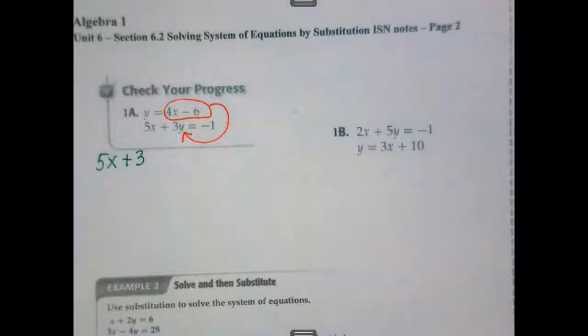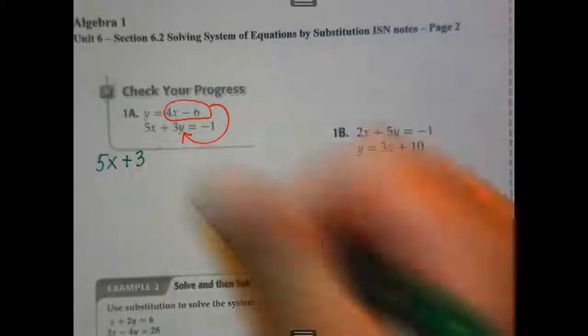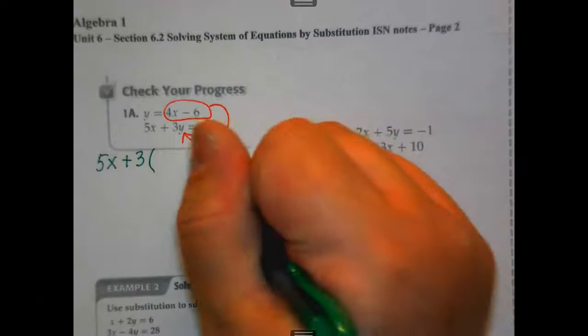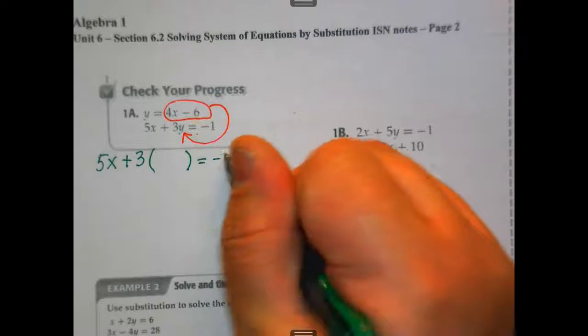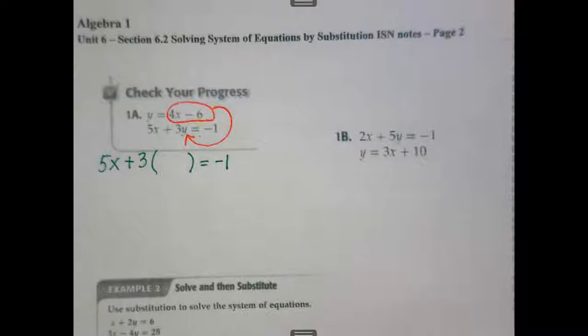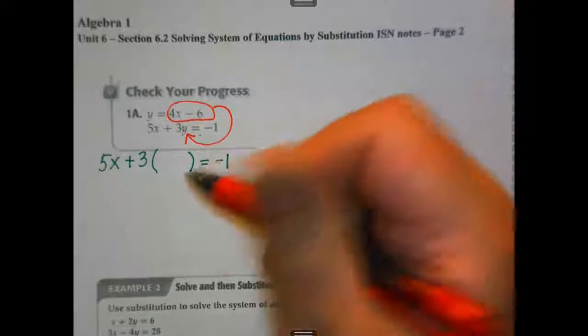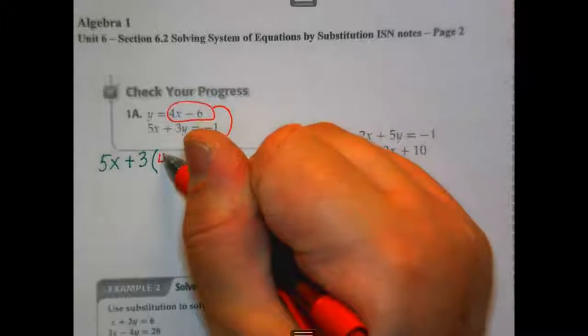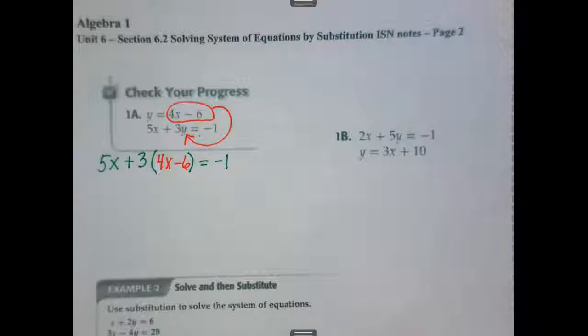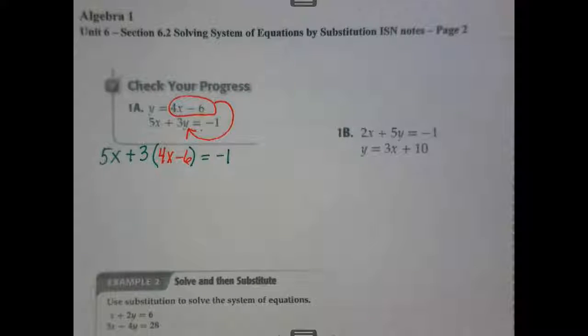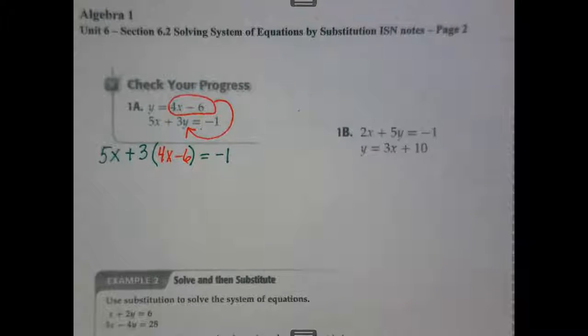Now, for the y, I'm just going to put in a set of parentheses. And that equals -1. What does y equal again? 4x minus 6. Now I have an equation with only one variable. All I have to do is solve for x.